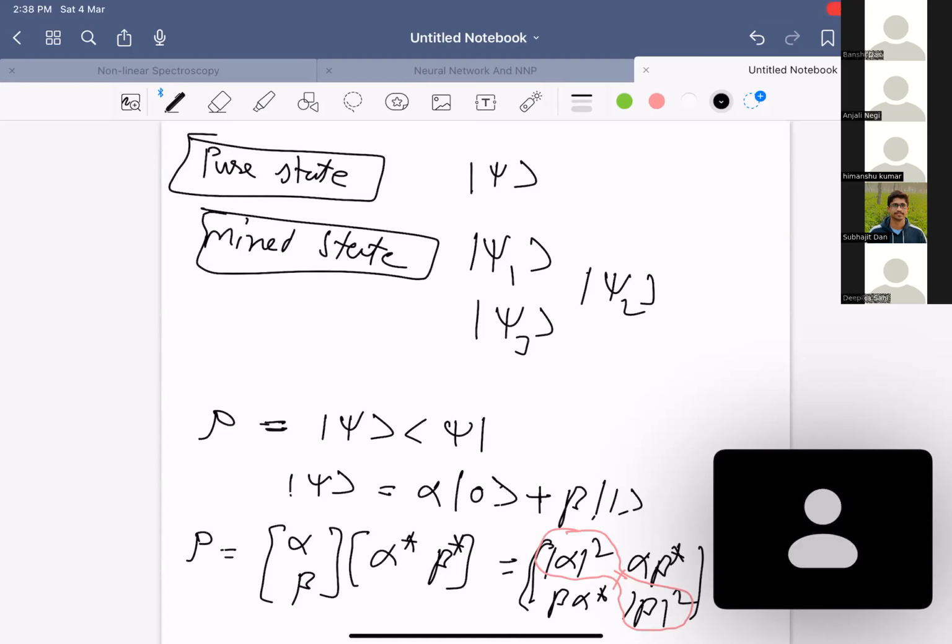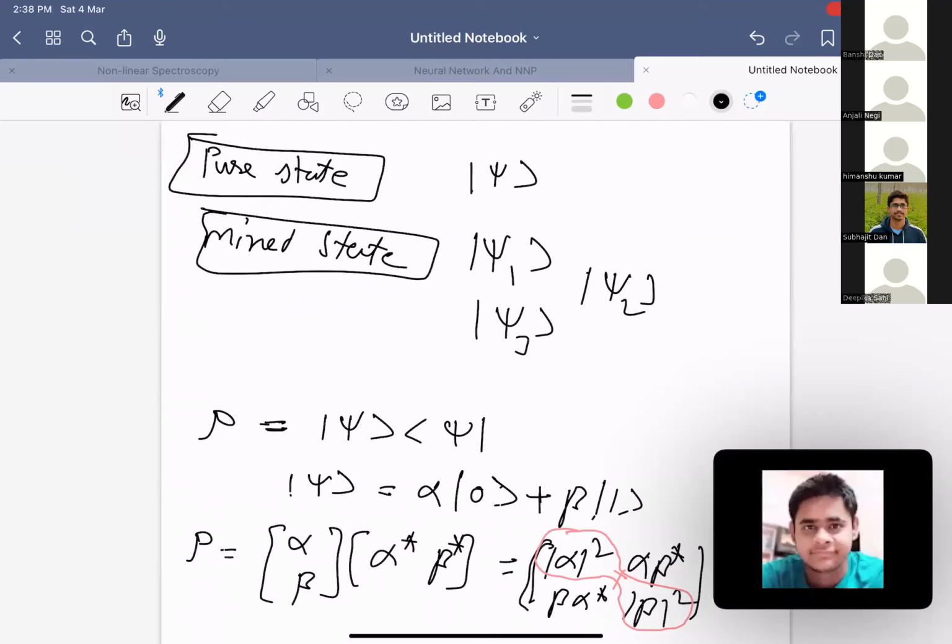Ravi, that's fine, because a pure state can be a superposition of different states. But in terms of the density matrix, the trace of the density matrix must be equal to 1. Actually it should be equal to 1 for any state, not just a pure state. Even for a mixed state, the trace should always be equal to 1.